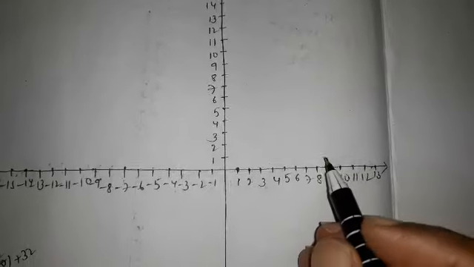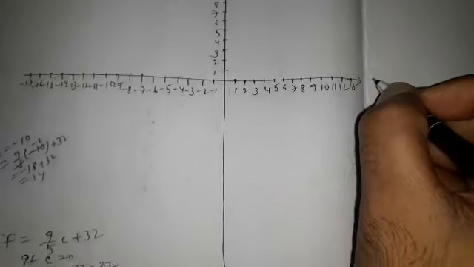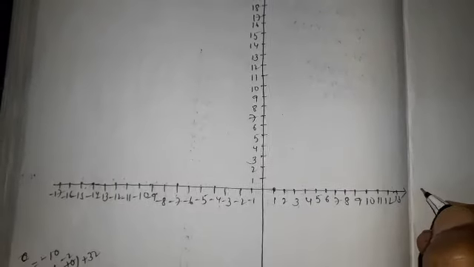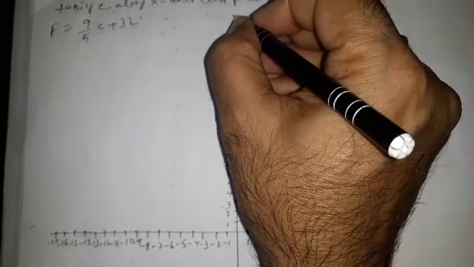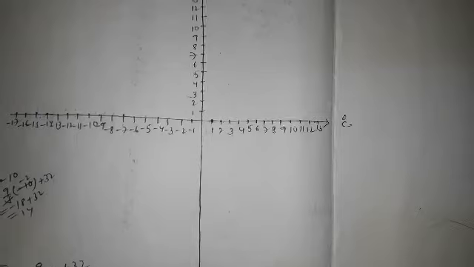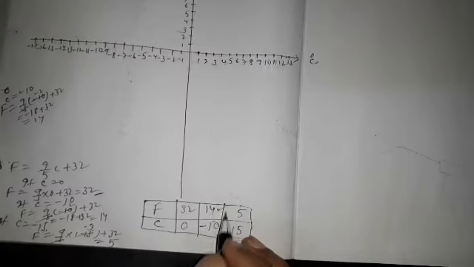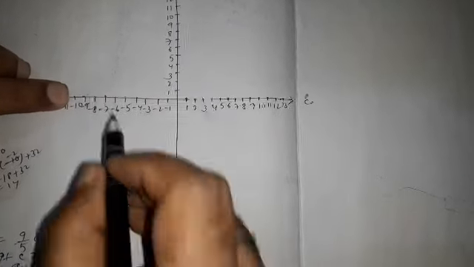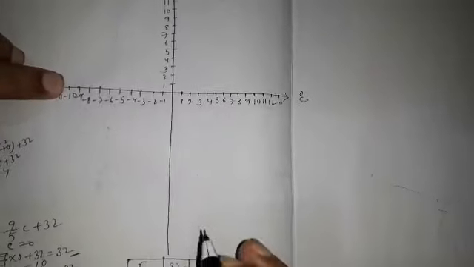Here the horizontal axis shows the Celsius temperature, in degrees Celsius, and the vertical axis shows the degrees on the Fahrenheit scale. If we take these two points, we have ordered pairs of C and F. If C is minus 10, then F is 14.